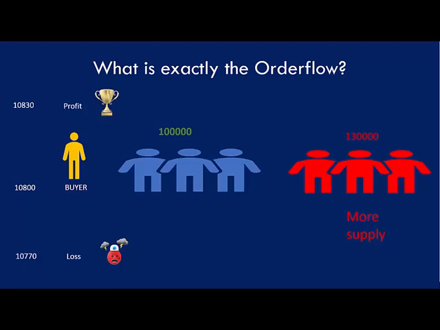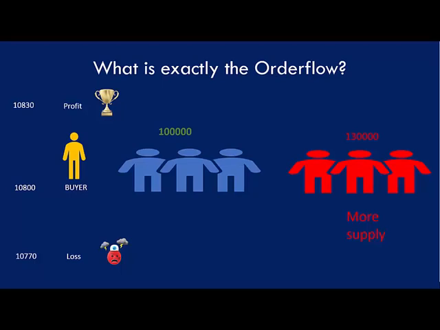If the 30,000 does not fill up at 10,799, price is going to move to 10,795, 10,790, 785, 780, 775, and even 10,770. It's going to continue probing downwards till all that 30,000 excess supply meets buyers.